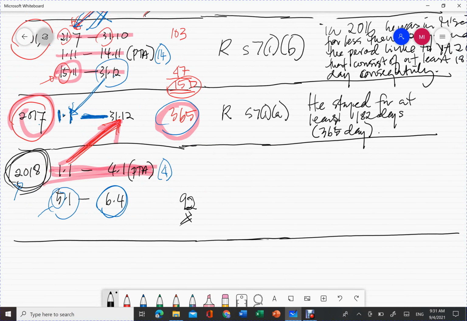Okay, so awak akan tulis ni. Dia resident in Malaysia by virtue of section 71B. Okay, nak jawab dia.